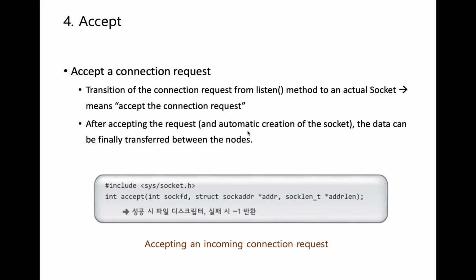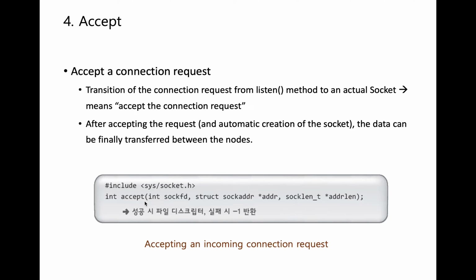That socket is what we were targeting to create. That was our goal, the means of communication between 2 devices. That means after this step, we will have that door open. We will have that path from which we can transmit the data. So the data can finally be transferred between the 2 nodes.